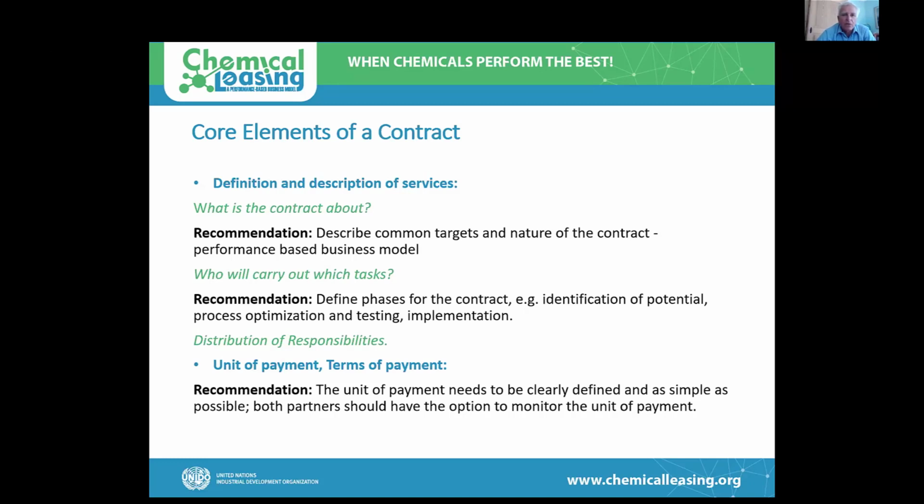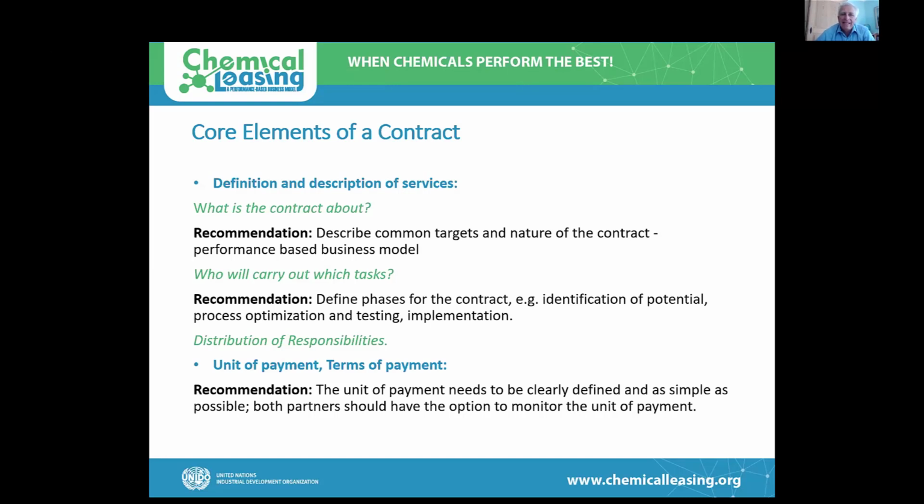Then another contract topic is who will carry out which tasks. Our recommendation is to define different phases of the contract. A first phase, like Volker has explained, about testing, about identification of the potential, about how to do the process optimization, and we would recommend also to have then a separate phase, which is really the implementation, what means the running of the business model for a longer period.